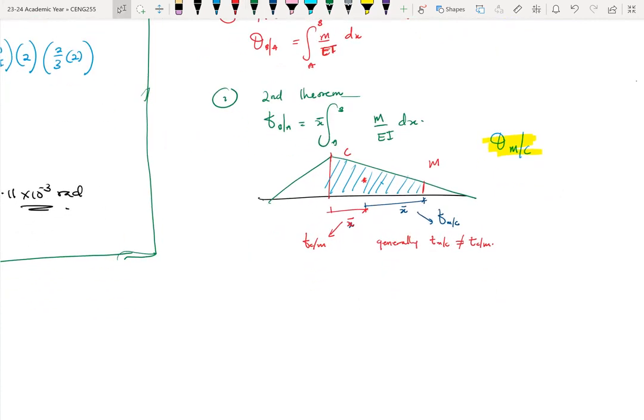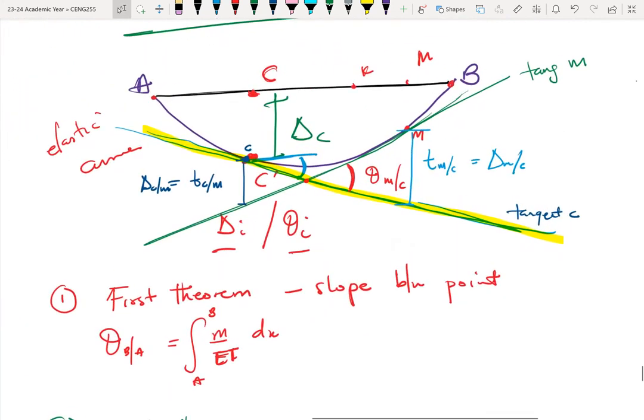So this is generally what happens with respect to the theorems. And you could see that these might not give us the deflections of these points, right? Going back to our elastic curve, the actual deformation of M is here.